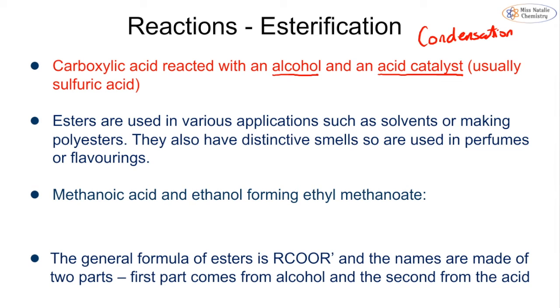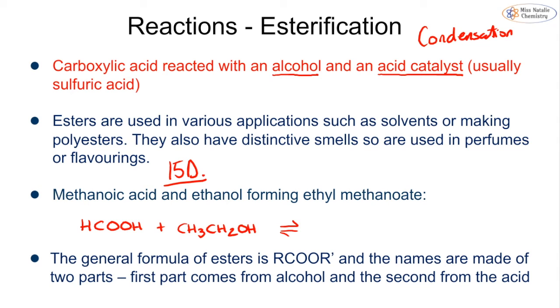And again, this is a derivative of carboxylic acid, so we will look at them in a little bit more detail in 15D. But to give you an example, we've got methanoic acid, which is HCOOH, reacting with ethanol, which is CH3CH2OH. And these two things are going to form an equilibrium, and we'll look at that in a little bit more detail in the next topic, and we form ethyl methanoate.